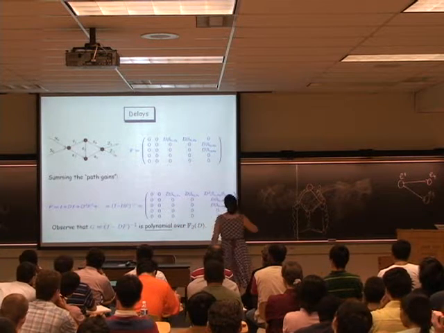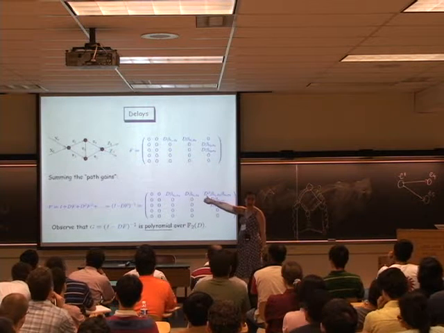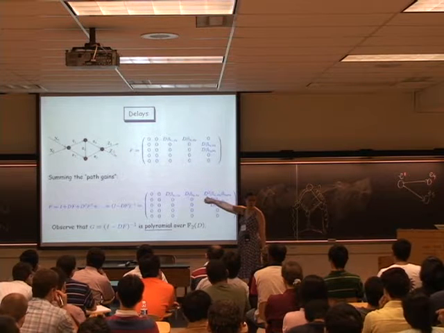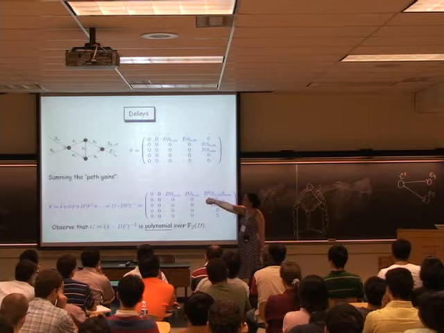Summing the path gains, what I'm going to have is the same thing as before, except that now I have a D squared when I go through a length 2 in terms of edges, not in terms of nodes, but in terms of edges. Okay?